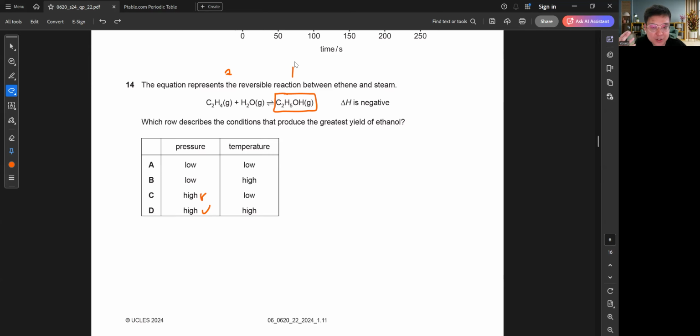For now, we can just memorize it, but actually there's an explanation for that. Hopefully students have learned this. But if you didn't, just memorize: the side with fewer moles needs higher pressure. And then for temperature, we need to see the forward and backward reactions, which one is endothermic and which one is exothermic.